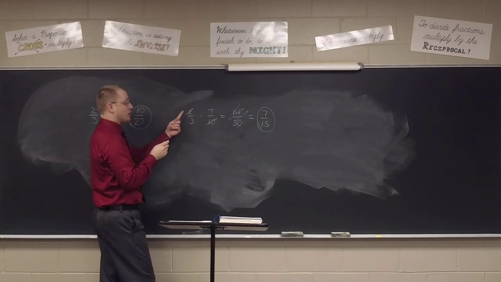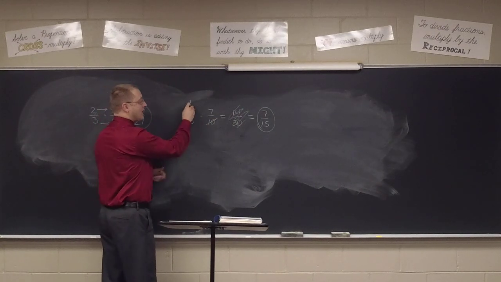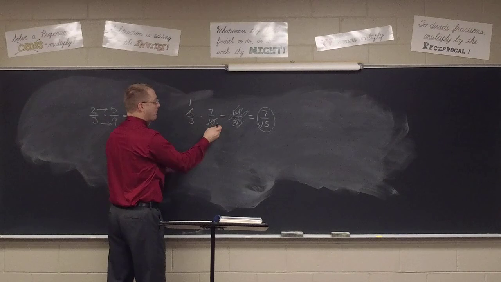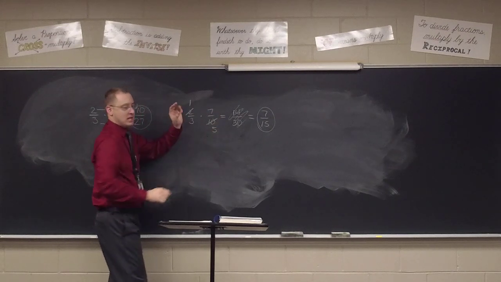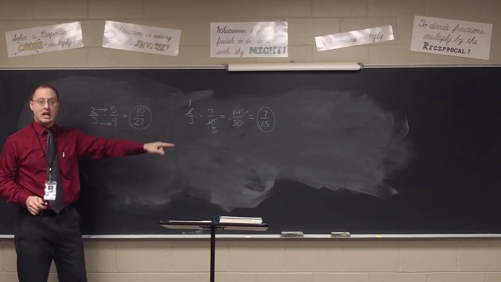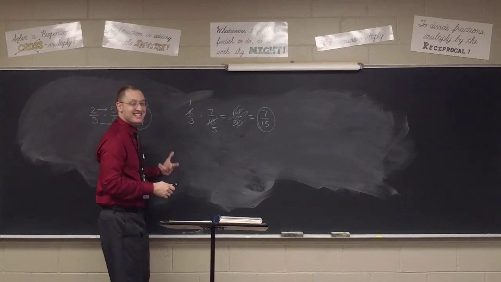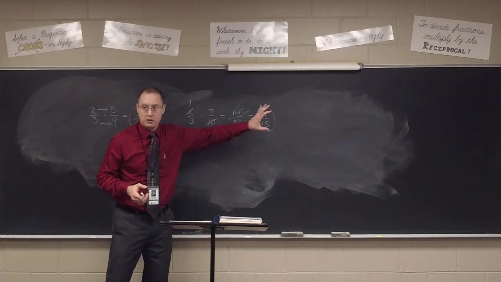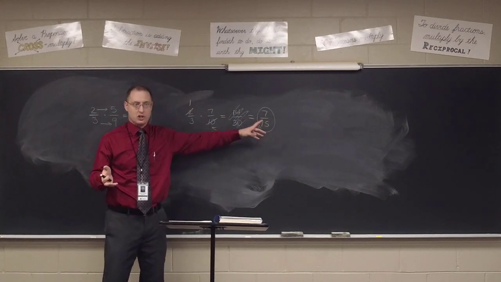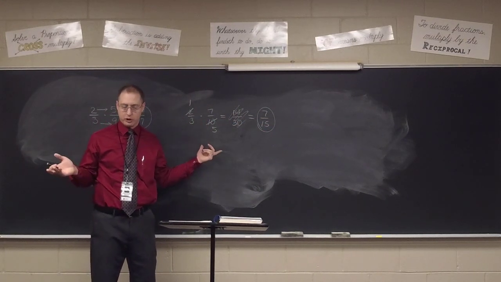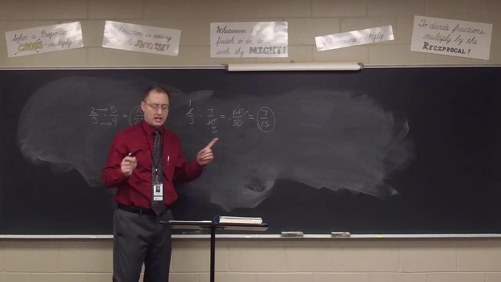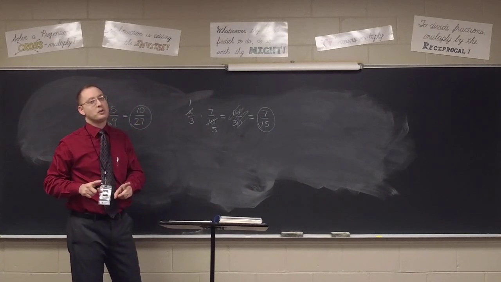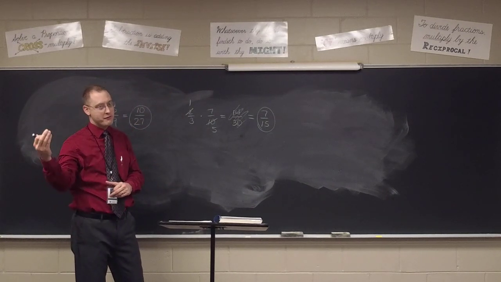You can take a 2 out of the 2, class, and a 2 out of the 10. And now when you multiply, you get 7/15. You don't have to reduce at the end. This is something she called canceling, right? Do you remember this? And by canceling, you don't have to reduce, because canceling is essentially reducing while you work the problem. Make sense? The key is we can only cancel factors.